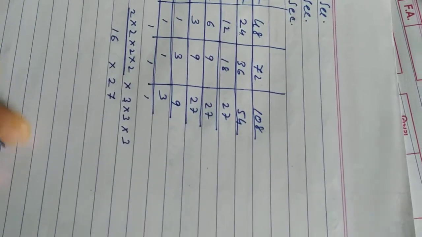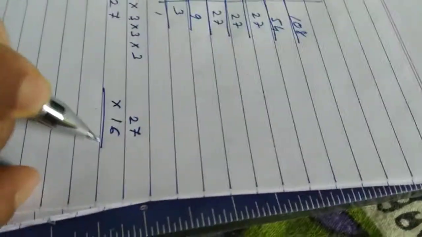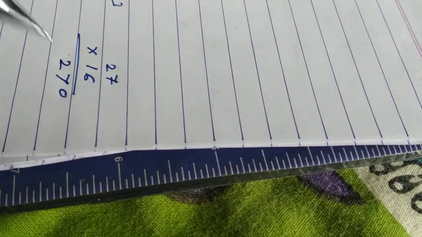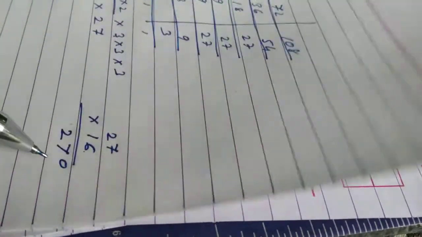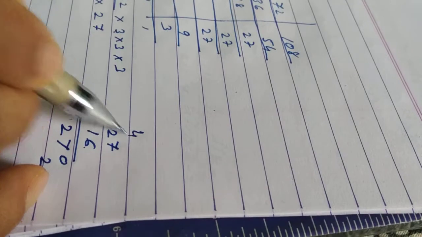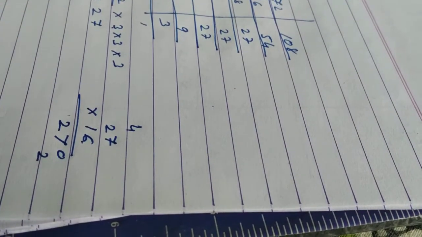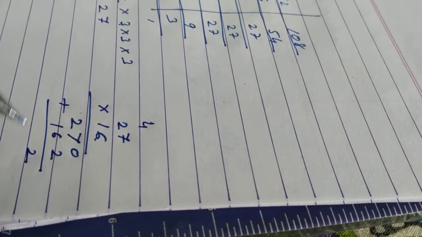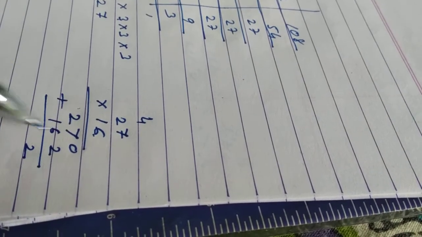Now let's perform the multiplication. 27 multiply 16. 6 7s are 42, so 2, carry 4. 6 2s are 12, plus 4, 16. Then 1 7 is 7, 1 2 is 2, so 27 and 16 and 7 plus 6, 13.